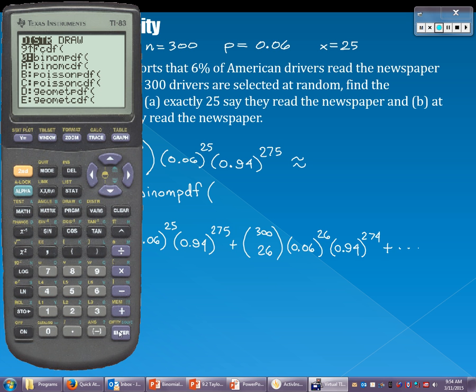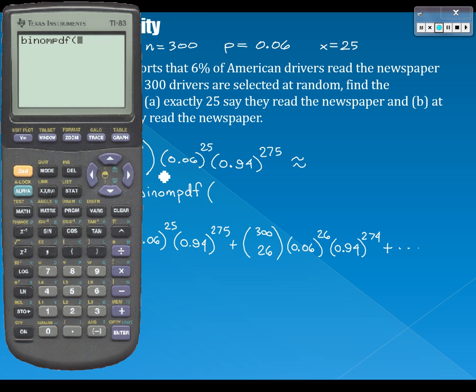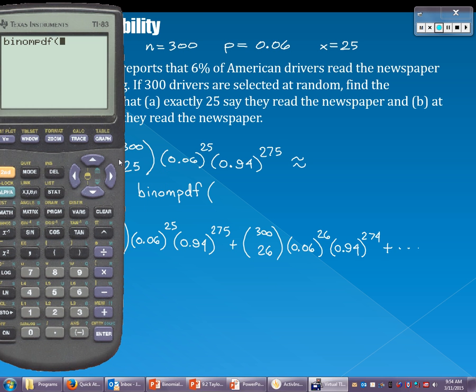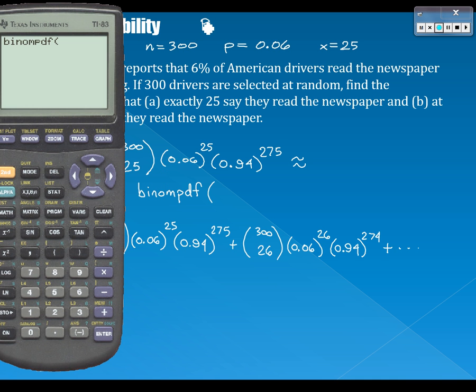Okay, so try that, Binomial PDF. Binomial PDF takes the following arguments: n, comma, p, comma, x. And I've already written these nicely out for you, haven't I? Okay, here we go, in that order. So on your calculator, try this: 300, comma, 0.06, comma, 25.